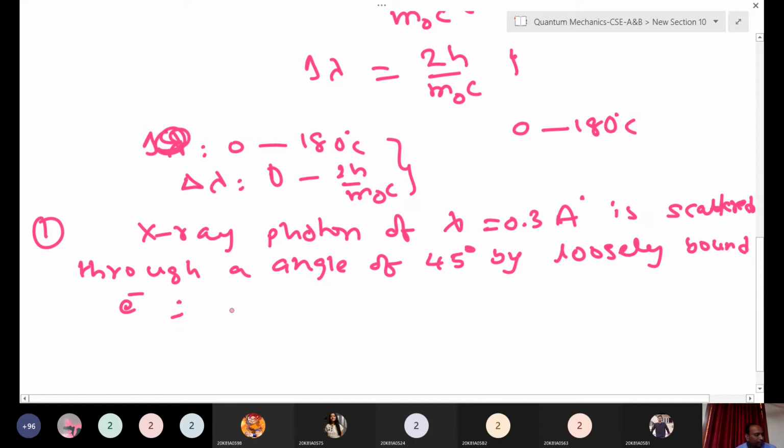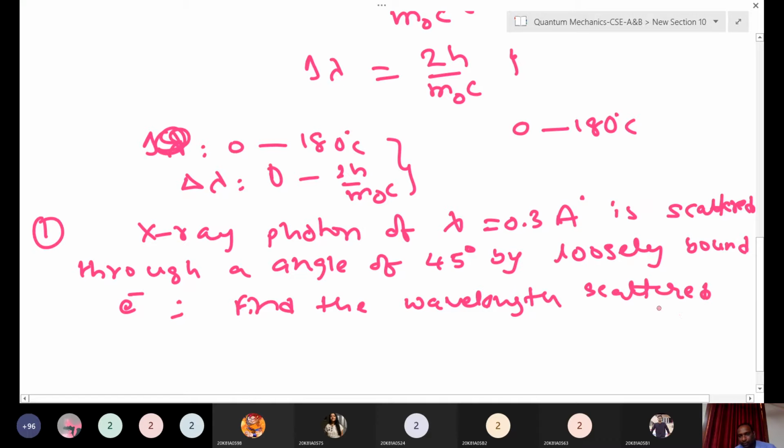Find the wavelength of the scattered photon.